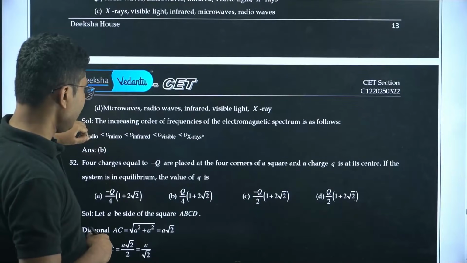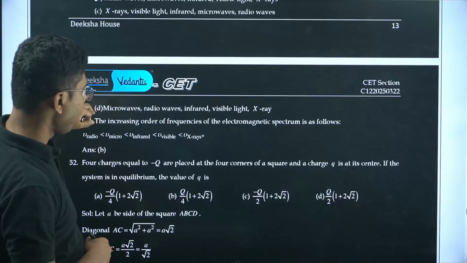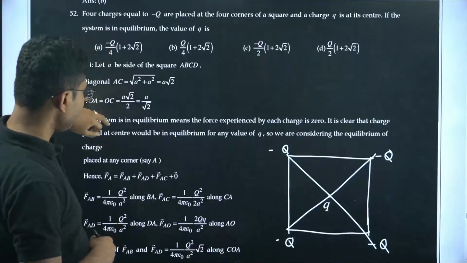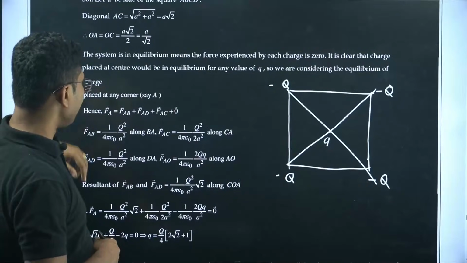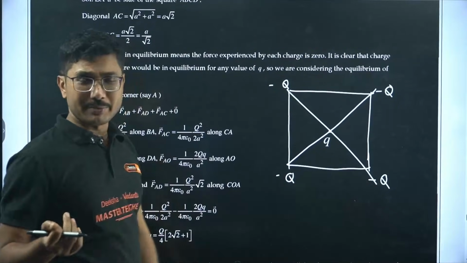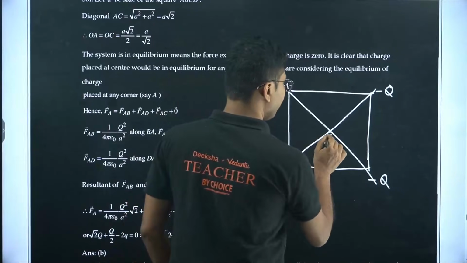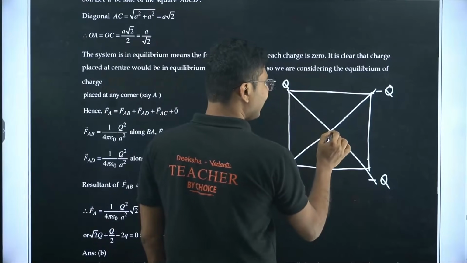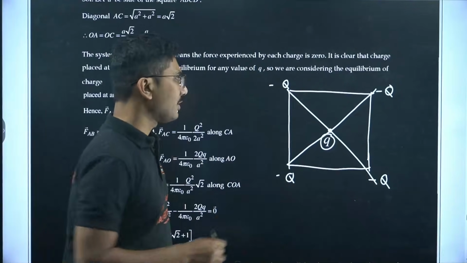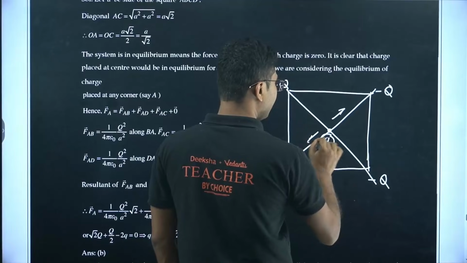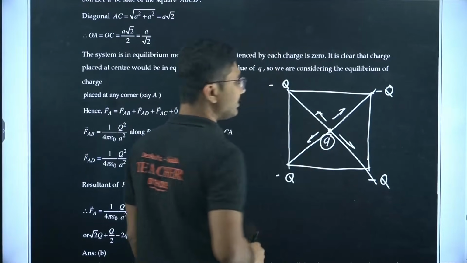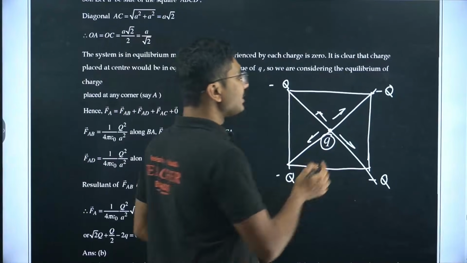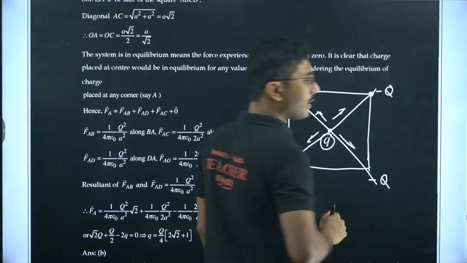I think this question is slightly misleading, because this charge will always be in equilibrium, since the net force acting at the center will be 0. Here it will be minus q in this direction, this will be in this direction, so the net force at the center will be 0. So it is not about the equilibrium of q, but you have to consider the equilibrium of a corner point, which is very, very important.